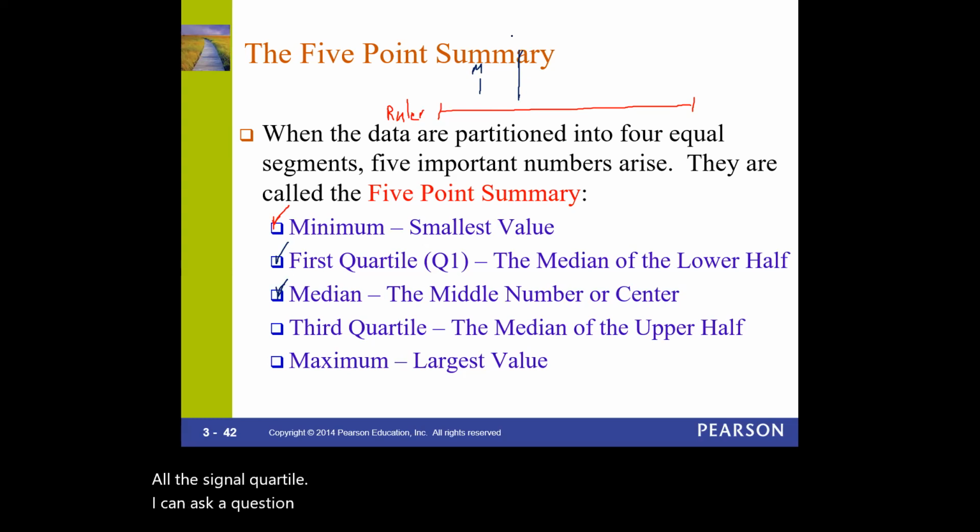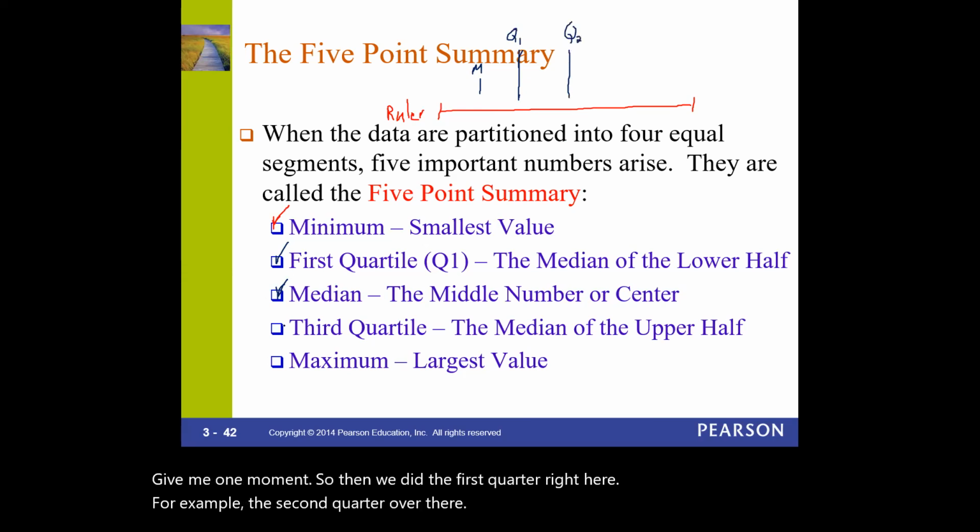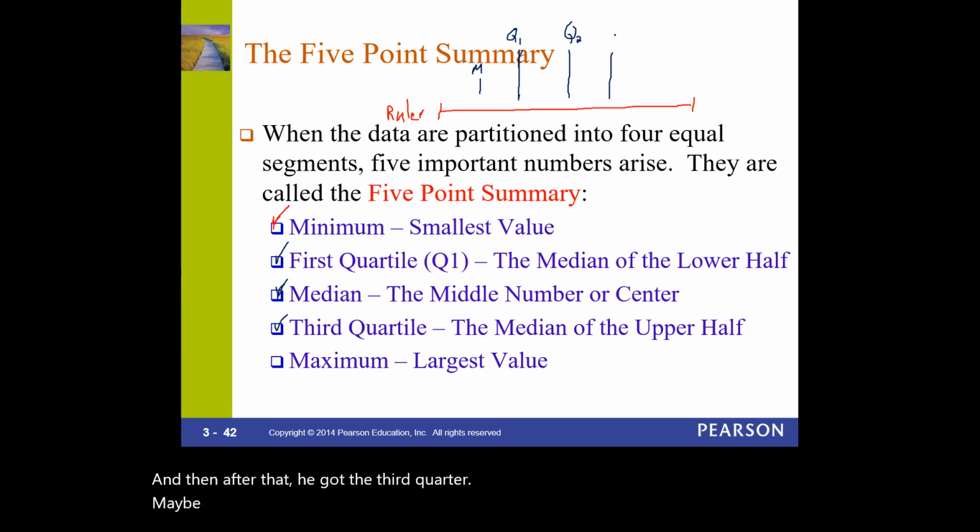Give me 1 moment. So the first quarter is right here, for example, the second quarter over there, and after that you have the third quarter, maybe somewhere around here. And then you need the maximum. So you do the same thing as you did for the first one, a smaller bar.